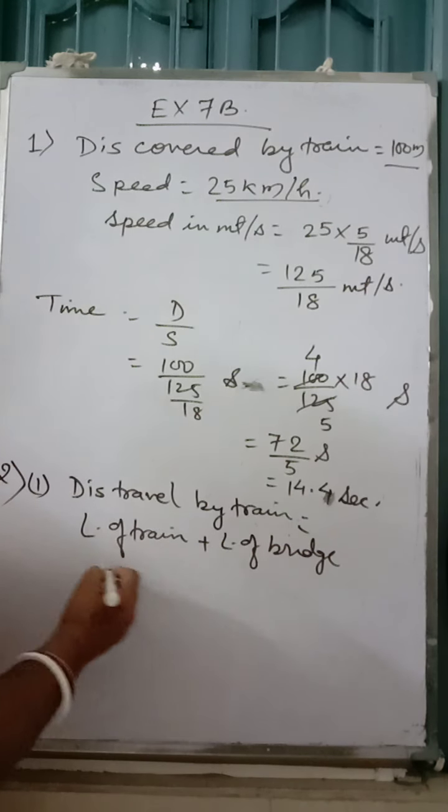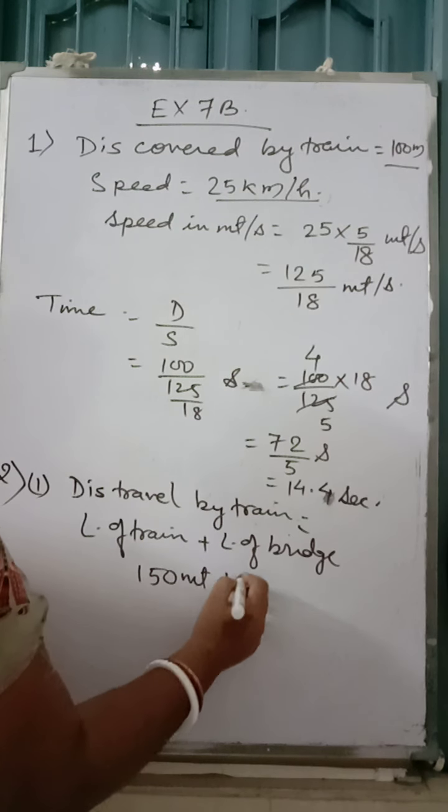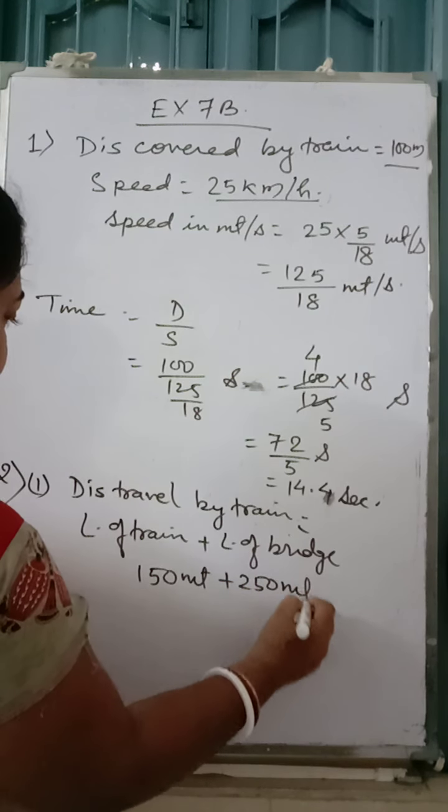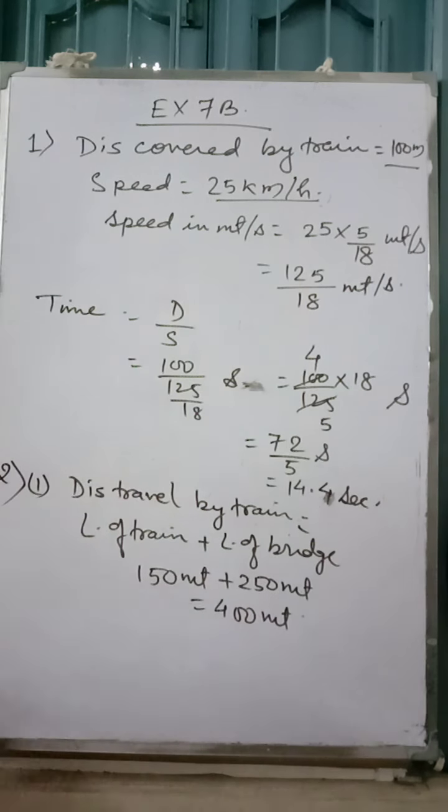Length of train is 150 meter, length of bridge is 250 meter. So with what distance is the train covering? 400 meter, because it is covering a wider object.